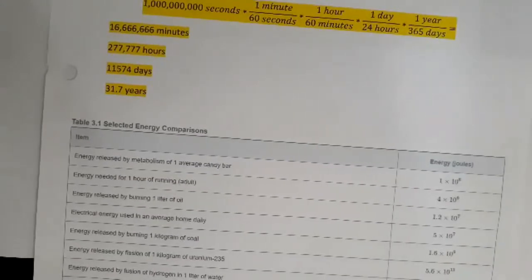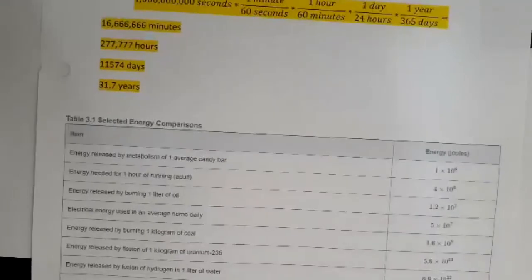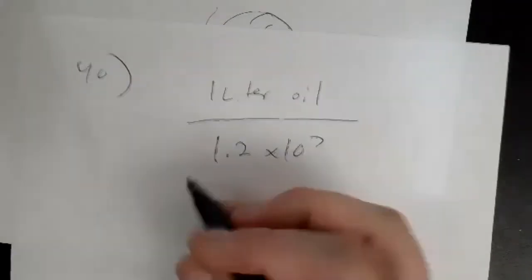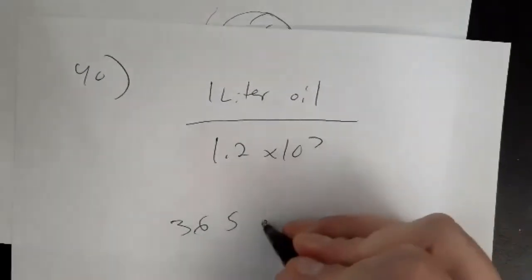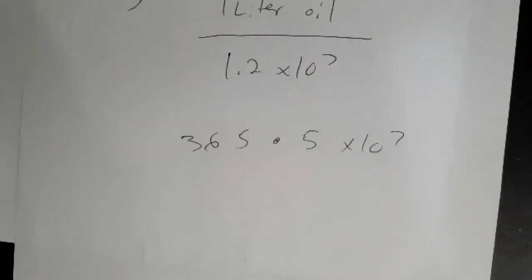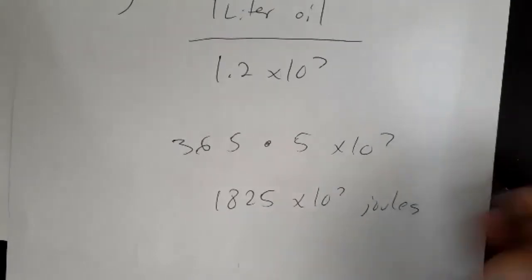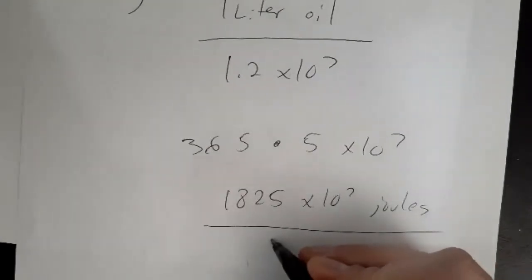I think we're going to have to multiply that by 365 to get the yearly. They're saying 5 times 10 to the 7th. So I'm going to have to multiply the daily by 365 to get there, I believe. Which is giving me 18.5 times 1 year.